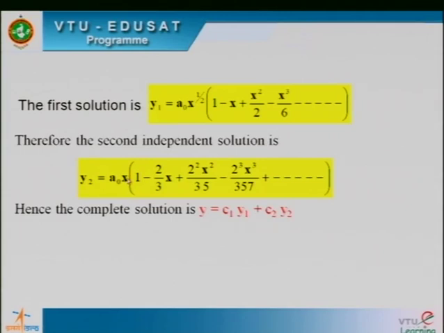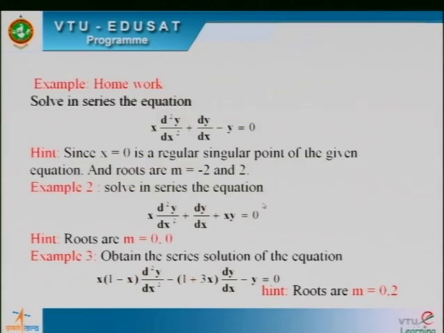So you will get x into the bracket 1 minus 2 by 3 x plus 2 square x square divided by 3 into 5 minus 2 to the power 3 x cube divided by 3 into 5 into 7 and so on. Then the complete solution of the given differential equation is y is equal to c1 y1 plus c2 y2.